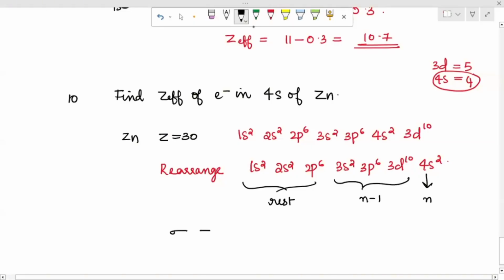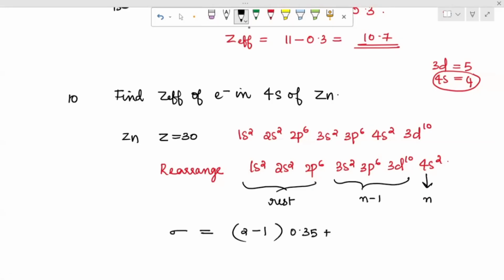So what is the value of the screening constant? 2 minus 1 into 0.35, plus 10 plus 6 plus 2, 18 into 0.85, plus rest 10 into 1. Let's try it out.